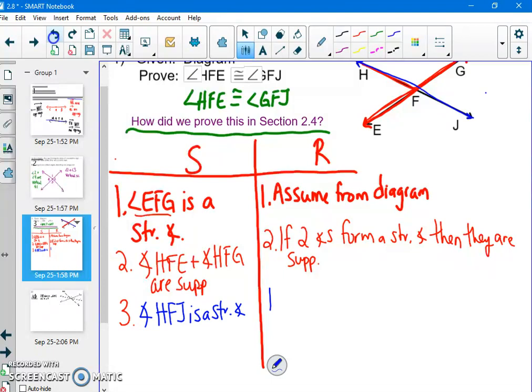And the reason for that is the same as number 1, so you can write same, number 1.